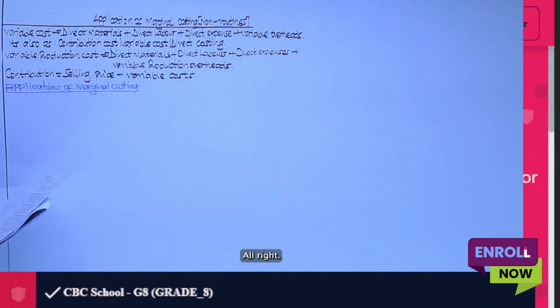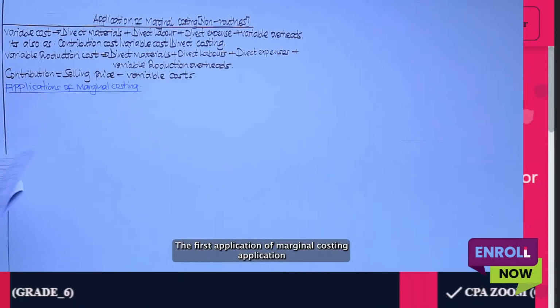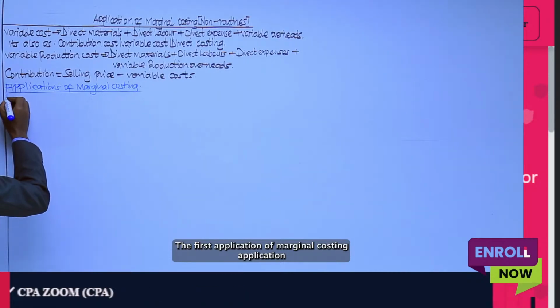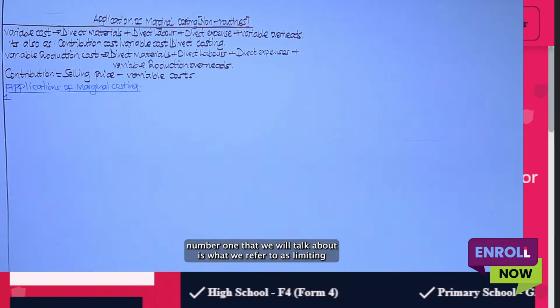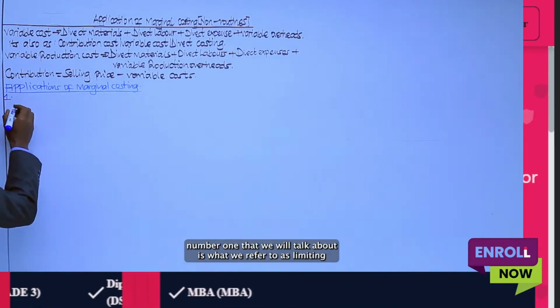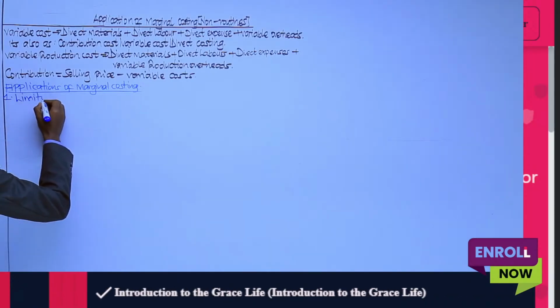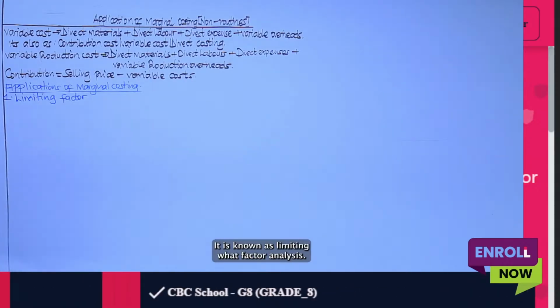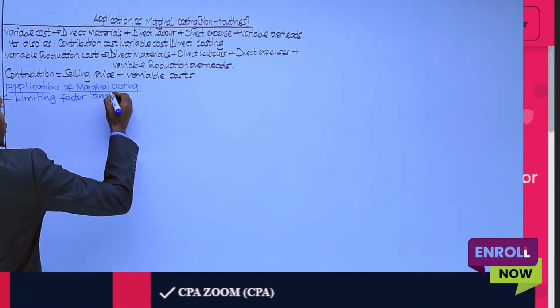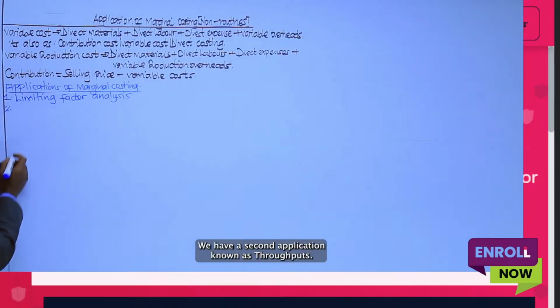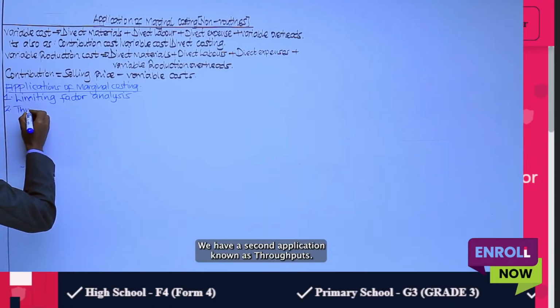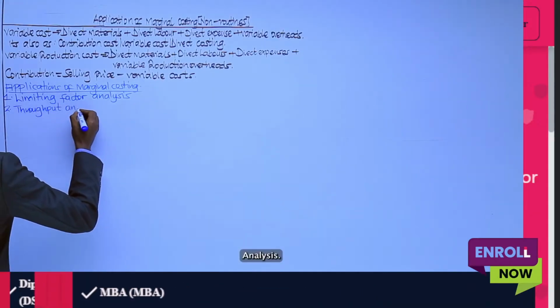All right. The first application of marginal costing that we will talk about is what we refer to as limiting factor analysis. We have a second application known as throughput analysis.